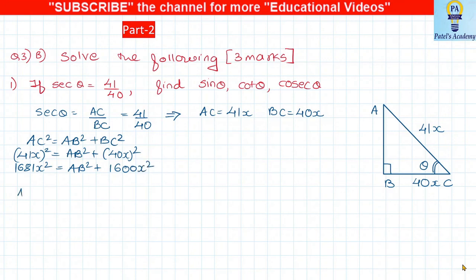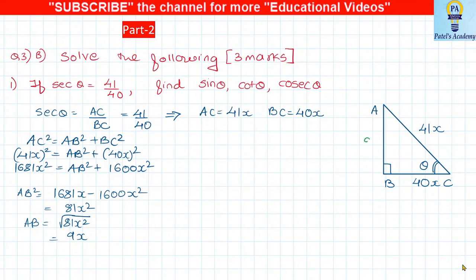After I shift, what I get is AB square equals 1681x square minus 1600x square, that is 81x square. So AB is going to be square root of 81x square, that is equal to 9x. So that is what I'm writing in the figure, 9x. So I got AB as 9x.